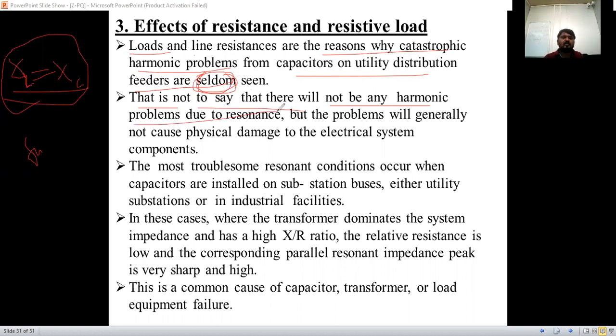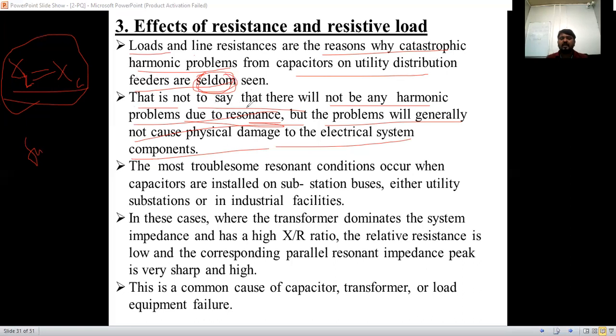Harmonics are produced because of resonance, but the problems will generally not cause physical damage to the electrical system components. They will not damage any components.